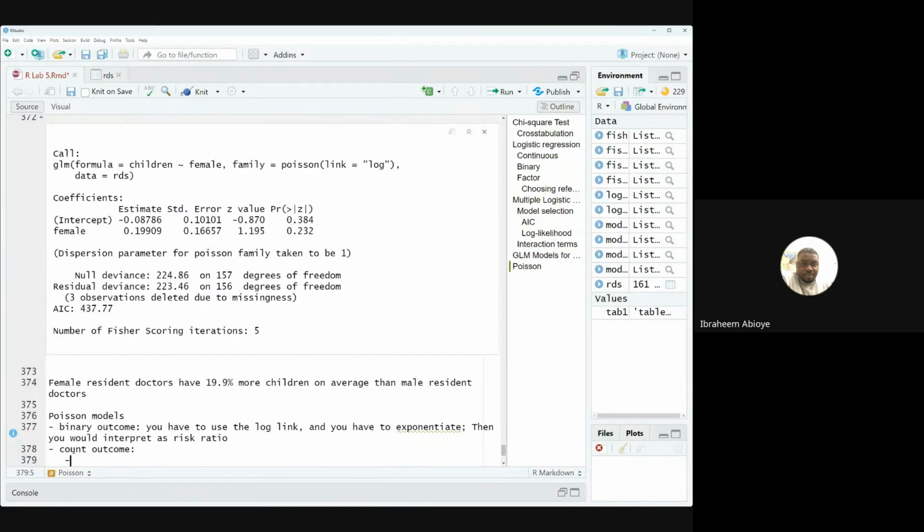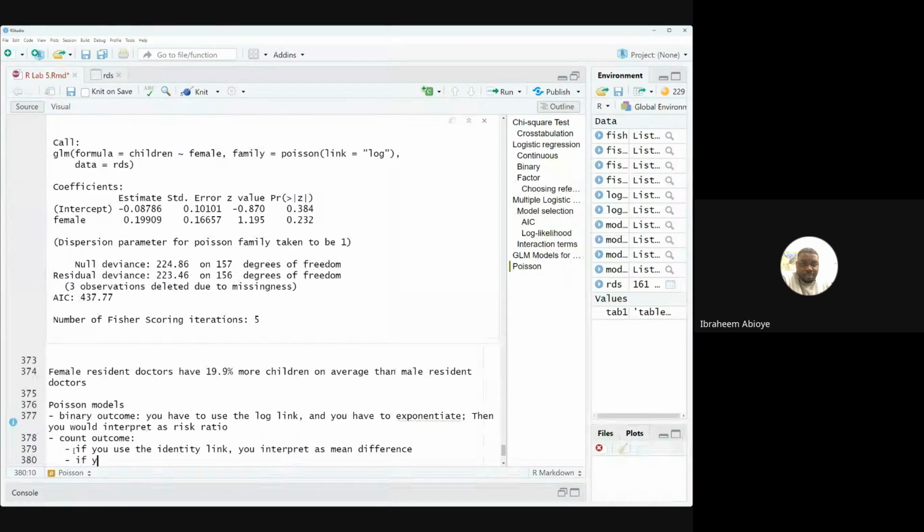If you use the identity link, you interpret as mean difference. If you use the log link, you interpret as percentage difference.